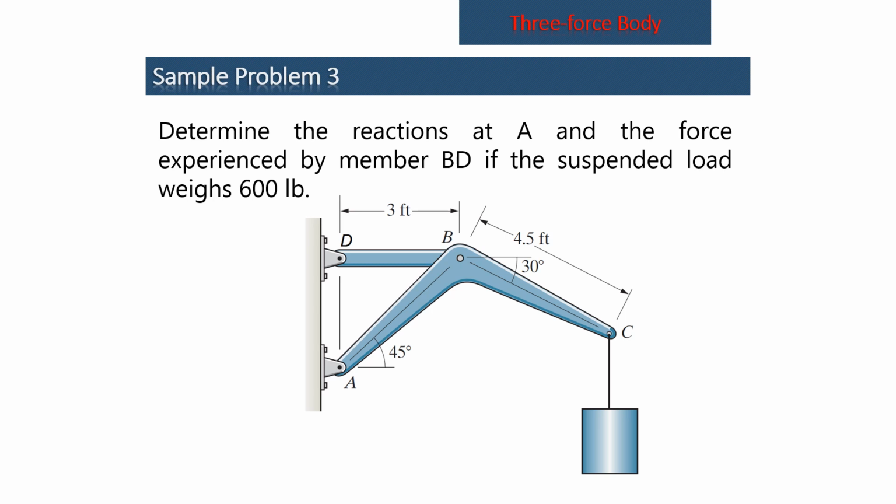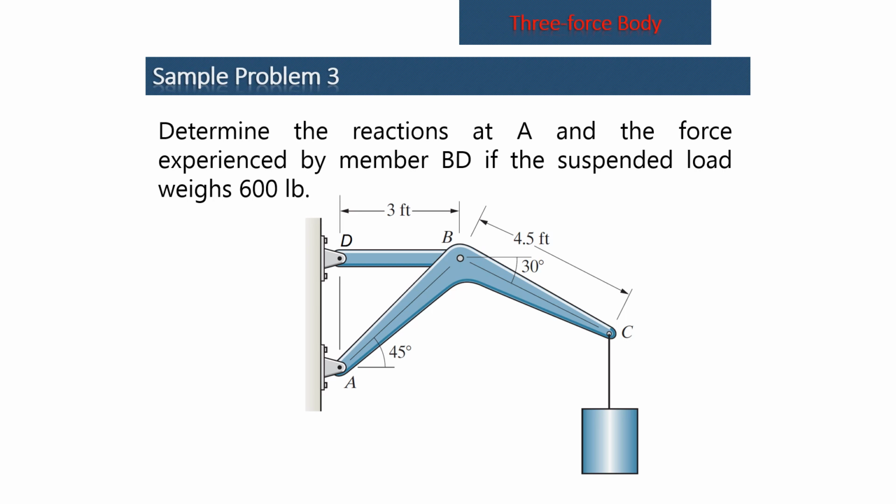Do take note first that member BD is a two-force member. Why? Because it's pin connected at D and it has a pin connection with ABC at B. There are only two points wherein the forces of BD are applied, hence BD is a two-force member.